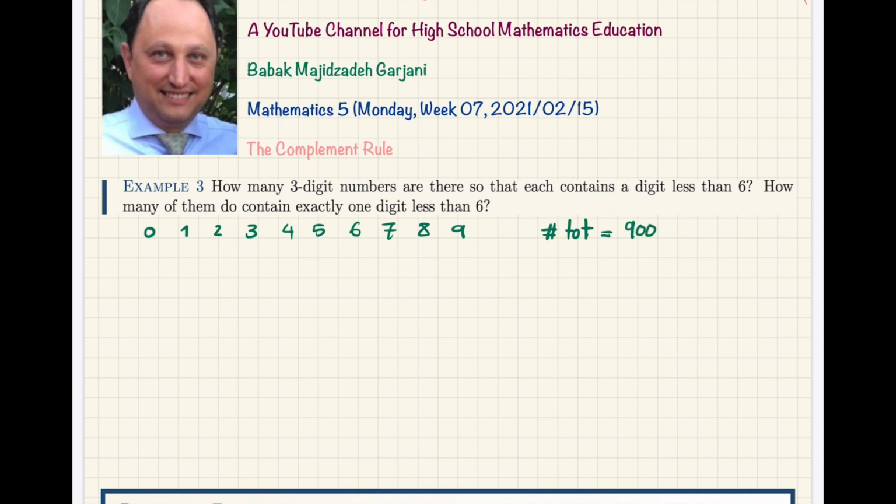My desired items are those that contain at least 1 digit less than 6. It means that it should contain at least one of these digits. So let me count the number of items that are only constructed using these digits. If I take this away, then what is left for me is the number of items that use at least one of these digits, yes? Is that understandable for everyone?